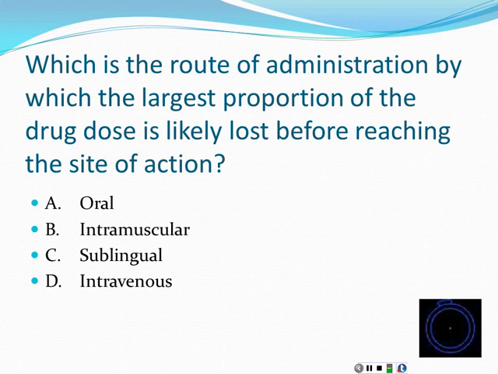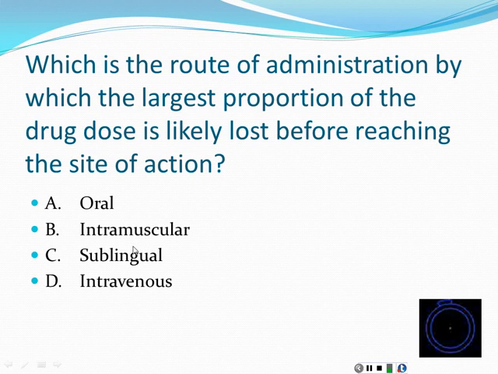So a lot of times it's 50% or more of the oral dose that is destroyed by the liver before it ever goes anywhere else. So that's first pass metabolism. And it's the reason why typically oral dosing is much higher than IV dosing. You would never think of giving IV doses at the same level as oral doses, because the liver cuts it in half before it goes anywhere else.